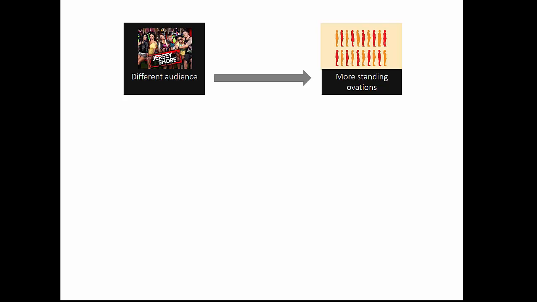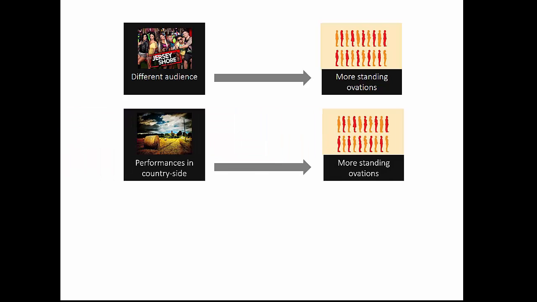If that would be true, that it's all about changes in the audience, well, then we would also observe more standing ovations when we have performances where these different audiences live. So when we have Broadway shows that have out-of-town performances, they travel around the country and they are in a rural area.